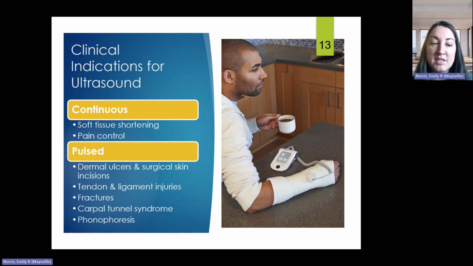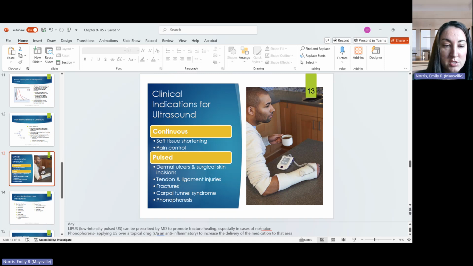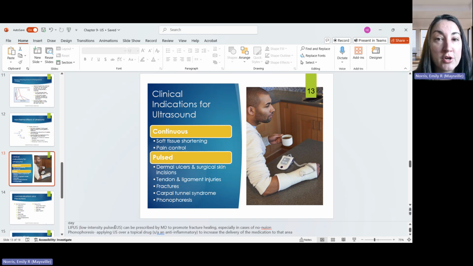And they've even made these units. They're what we see in that picture. They are called LIPUS units, which stands for low intensity pulsed ultrasound, that sometimes a doctor will prescribe in order to help that area heal over a fracture.